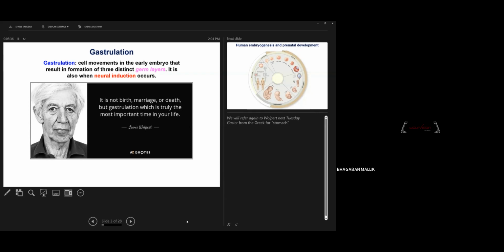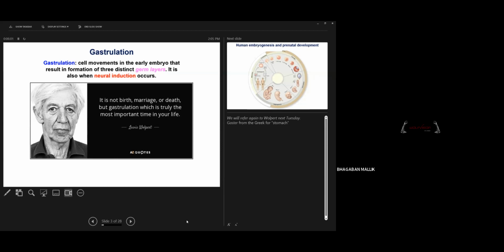Then the zygote cleaves, divides to form an embryo, and all these things I'll talk about slowly. But before going into details of the development of the nervous system, I just want to highlight gastrulation. This is the important step where cell movements happen, and the nervous system develops during the gastrulation phase of development.